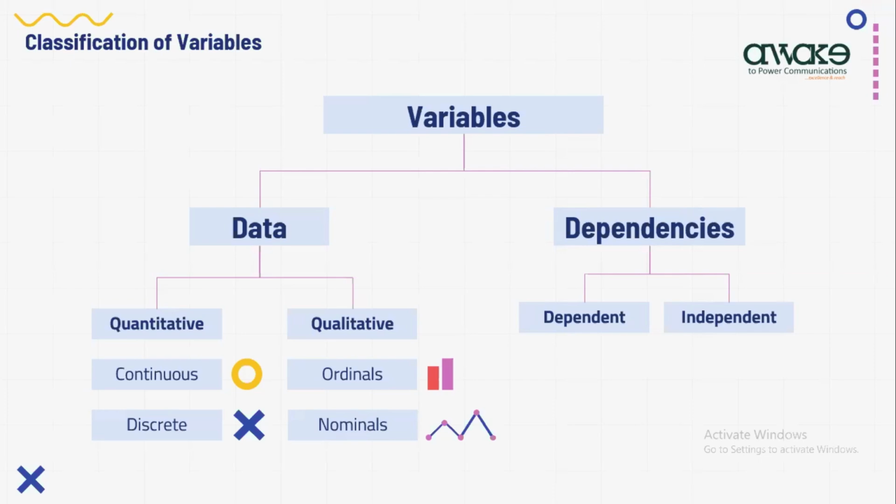For instance, we just talked about data, and we say data can either be qualitative or quantitative. When data is qualitative, it's either nominal or ordinal. And when data is quantitative, it's either discrete or continuous. So you can see that in some quarters, they talk about variables, and you begin to hear continuous variables, discrete variables, ordinal variables, and nominal variables.